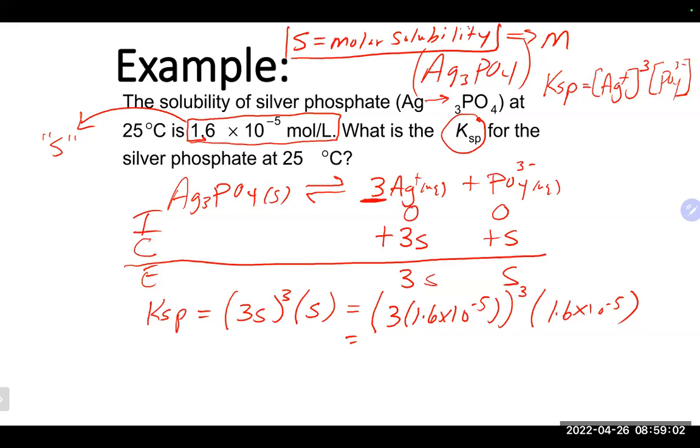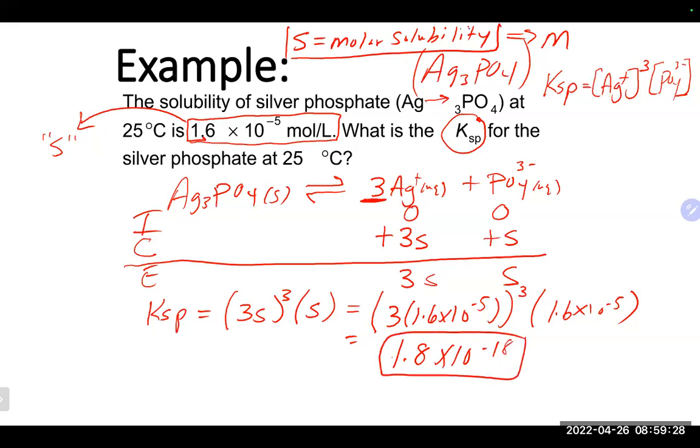And if we do that here, hope for the best, 3 times 1.6 times 10 to the minus 5, then we're going to cube it, and then times it by 1.6 times 10 to the minus 5. That will give us a Ksp value of 1.8 times 10 to the minus 18.